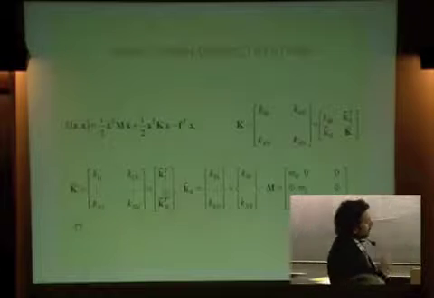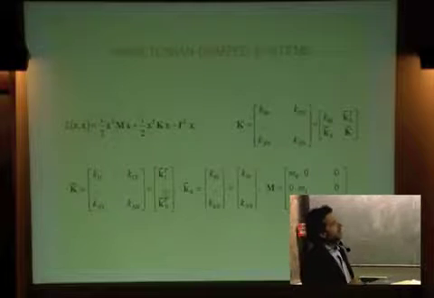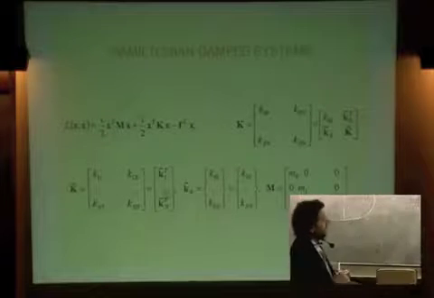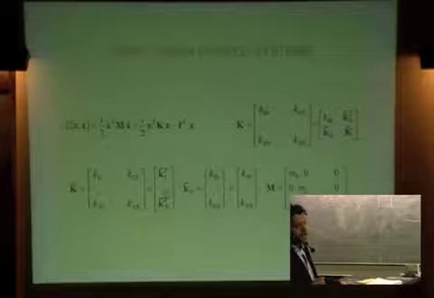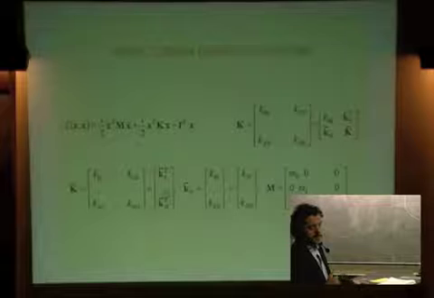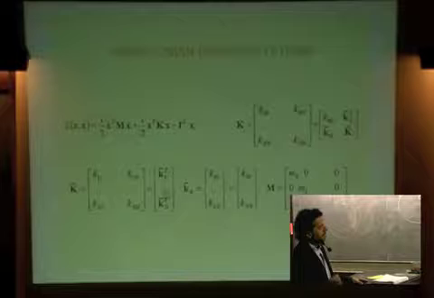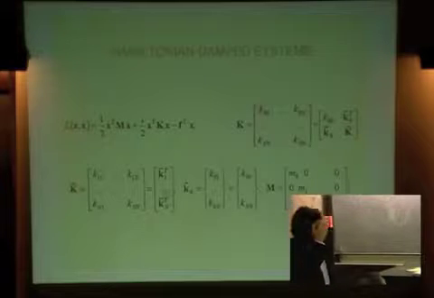We want to focus on linear systems, so we take quite a usual expression for the Lagrangian. I see that one sign is wrong, but we have just a quadratic form in terms of velocity and displacement. Then we have two matrices that we can call M and K in order to produce this quadratic form.